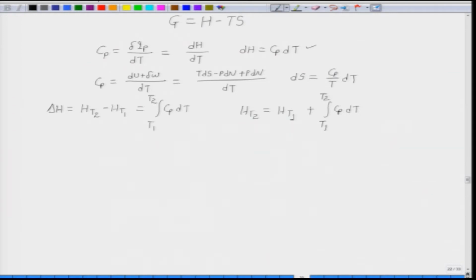Typically Cp are measurable quantities because we can measure the heat effects, and so there are databases available for Cp as a function of temperature over different ranges of temperature for different materials. From there we can evaluate these integrals of Cp dT, but what about the enthalpy at temperature T1?